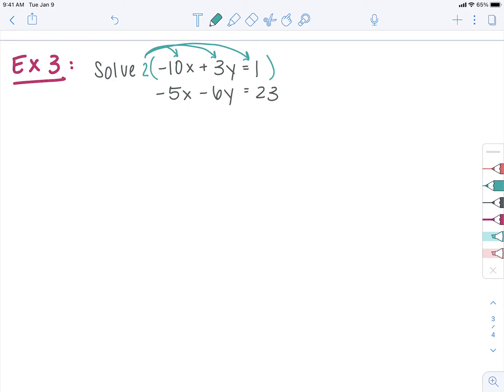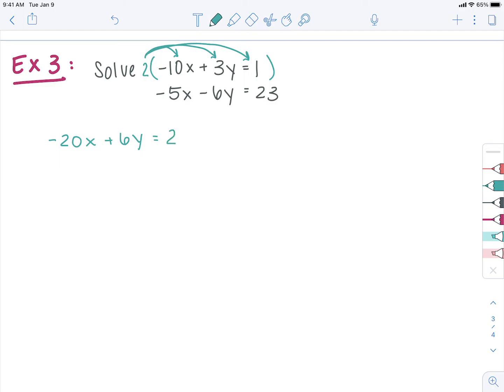So that means my new equation is going to end up being negative 20x, because 2 times negative 10 gives me negative 20. Then 2 times 3y is going to give me positive 6y equals 2 times 1, which is 2.